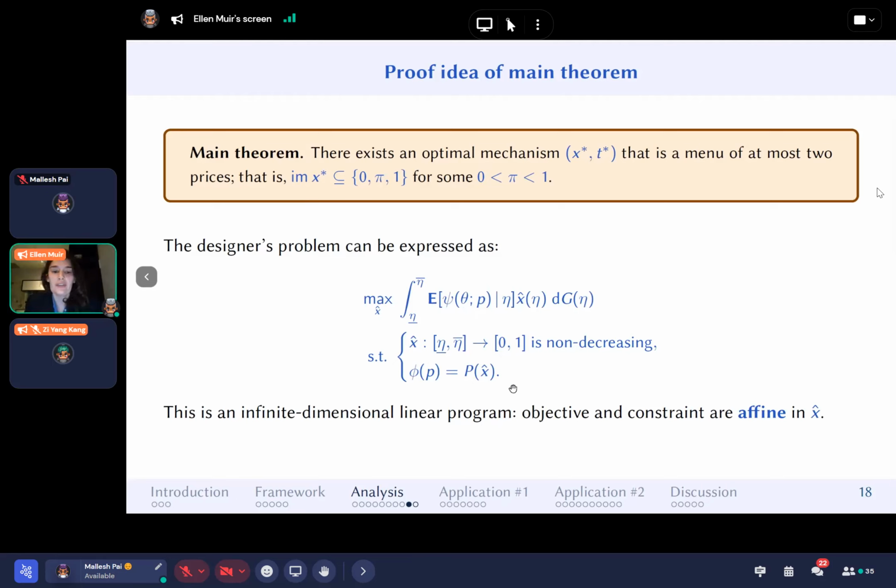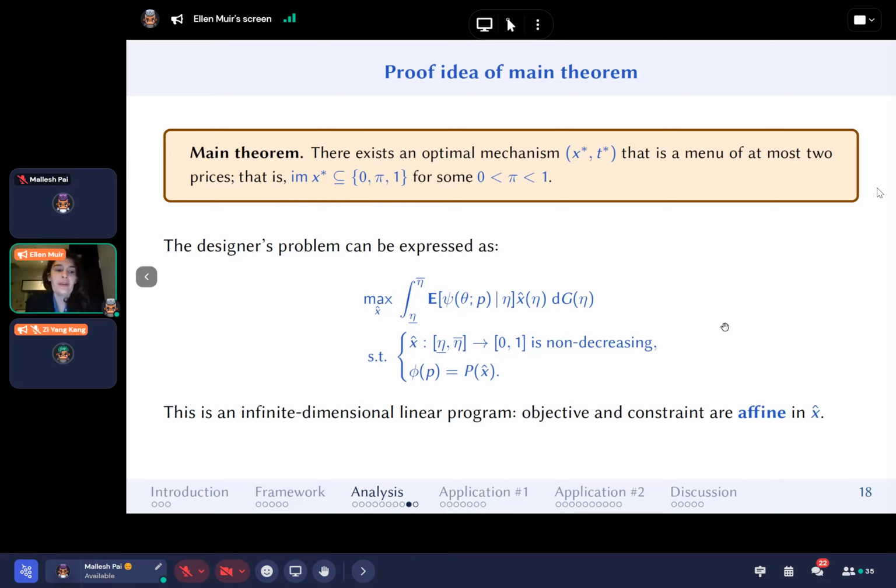The second and more novel constraint is this consistency constraint, or Bayes plausibility constraint. This requires that the allocation rule the designer is choosing actually induces the assumed price P in the downstream market, because only if P is the price induced in the downstream market is this expression for virtual surplus valid or consistent.